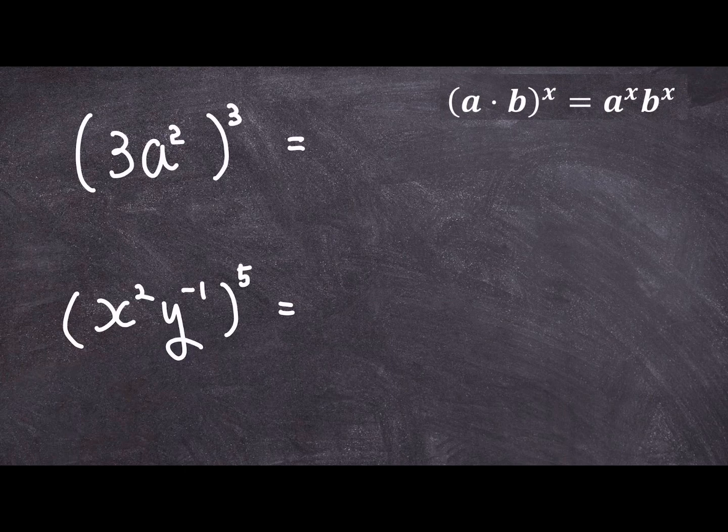So according to the rule, I need to distribute this power to both terms within the parenthesis. So I'm going to make marks like that and say 3 to the power of 3 and a to the power of 2 times 3.